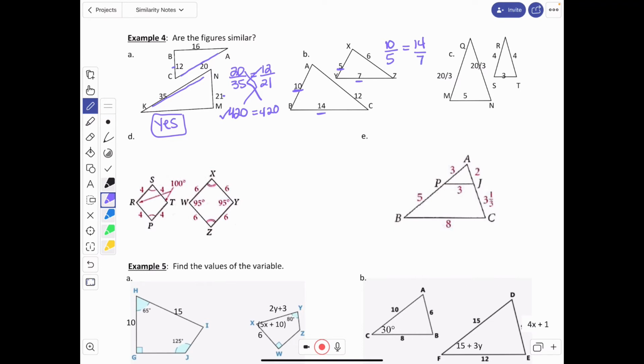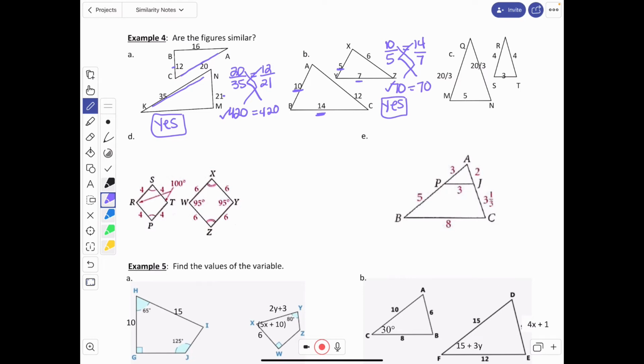So since I put the 10 on top, the 14 has to go on top as well. So 10 times 7 is 70. And I need to check 14 times 5 and make sure that it is also 70. And it is. So that works. So this one is a yes. They are proportional. Okay. So for this one, now notice these are isosceles triangles.